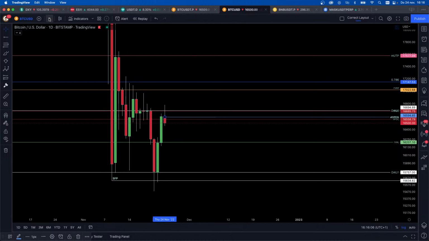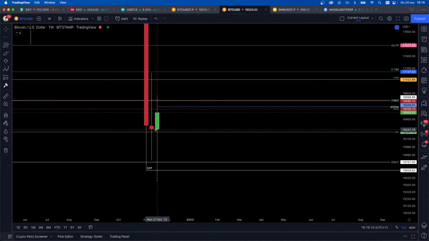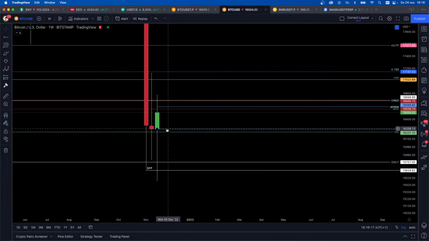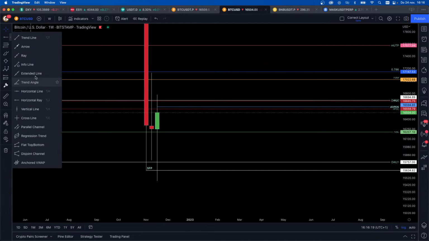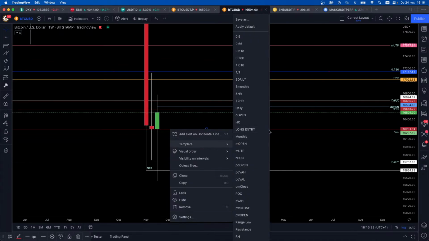You want to add your weekly open over here. That is your weekly open. I will have to use this line over here. So that's your weekly open.